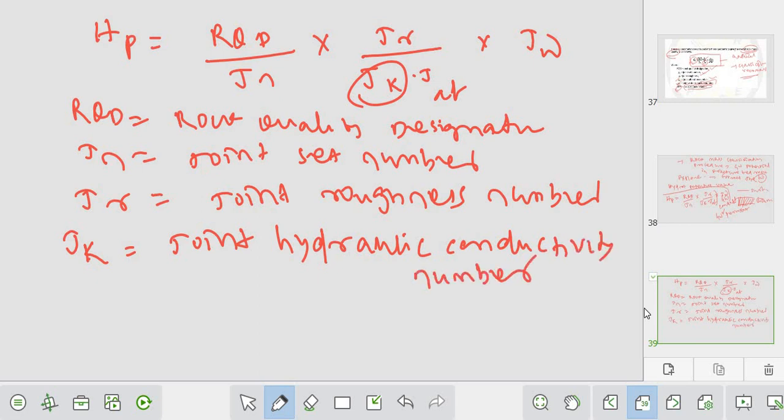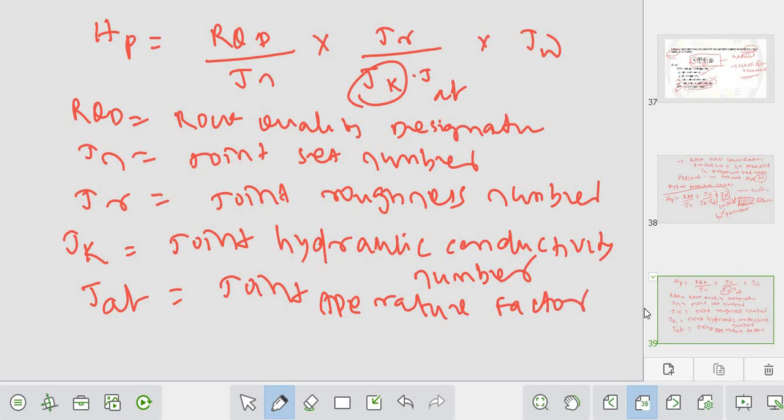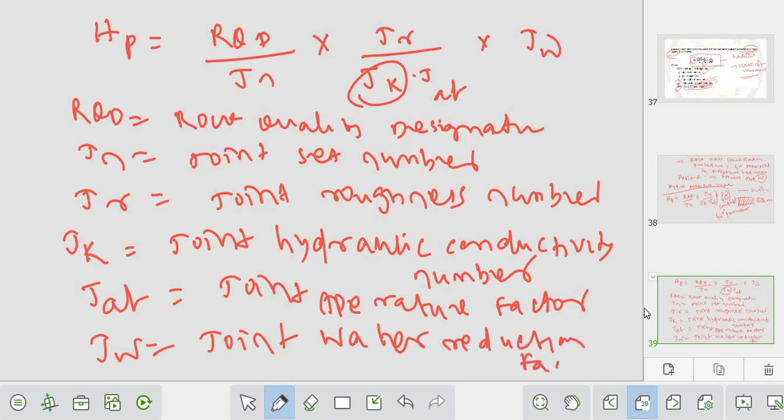Okay, you can get also some numerical values. JAF, this is the joint aperture factor, and JW will be the joint water reduction factor. ठीक है, all those are the same, सिर्फ यहाँ पे JK one parameter is there because in the saturated aquifer or in the formation there will be a measure of the conductivity, right?